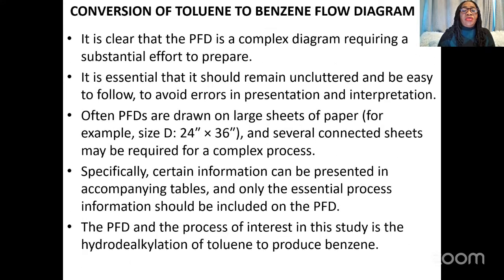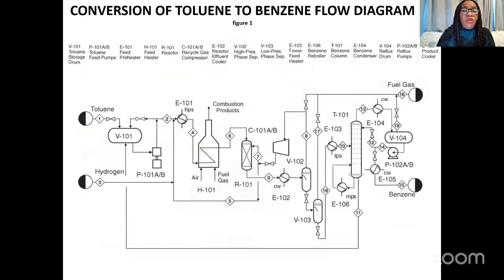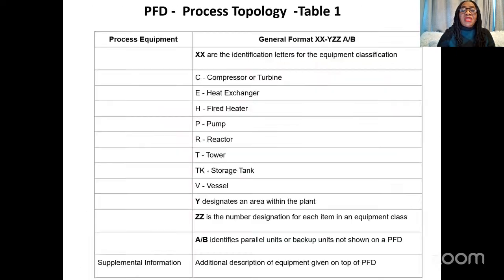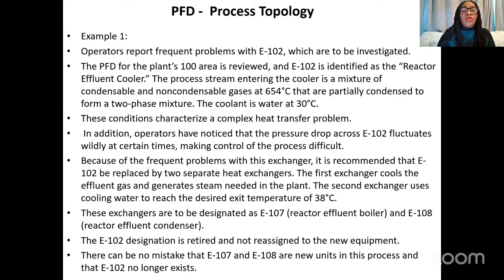You see the sketch there, something like a diamond. Under toluene there, you see 1. So that is the process stream, stream 1, identified by that. And you see stream 2, stream 6, the different streams there.